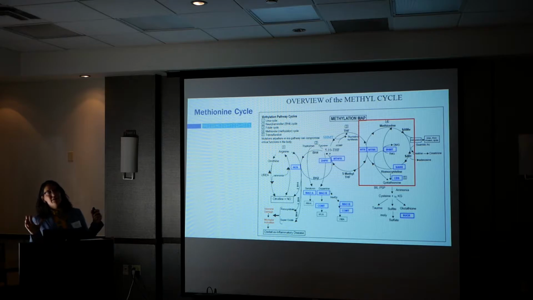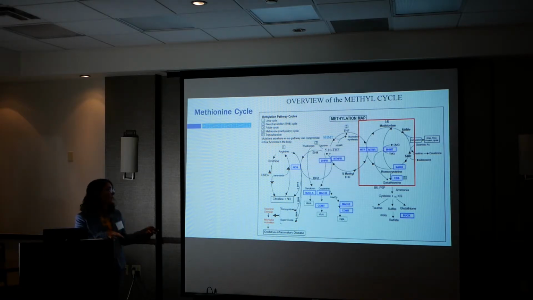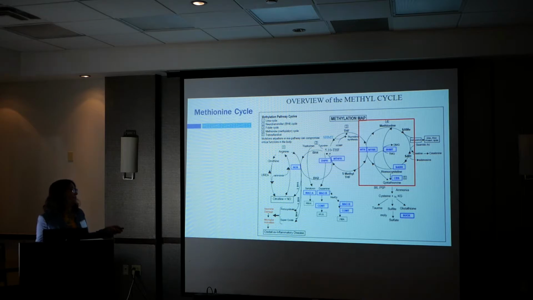Because if you give a patient who has a high-functioning MTRR but some dysfunction in MTR methylcobalamin, that might push things a little bit too much, and they might actually do better with something like a hydroxycobalamin, and even cyanocobalamin.